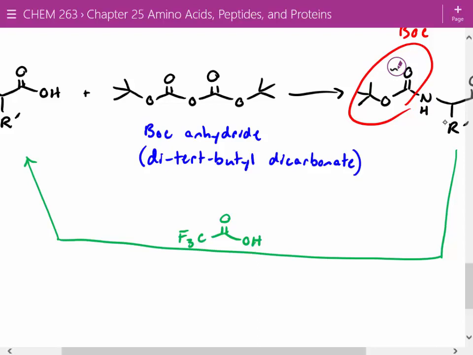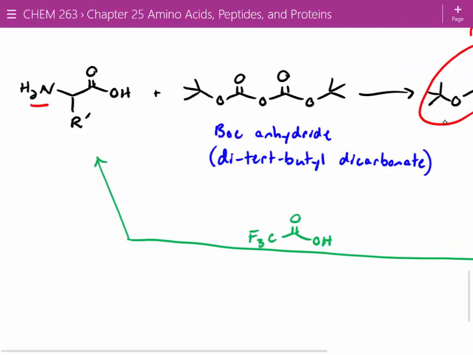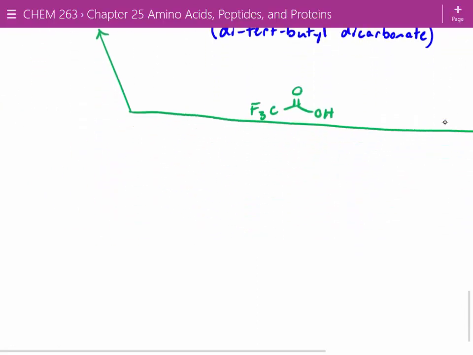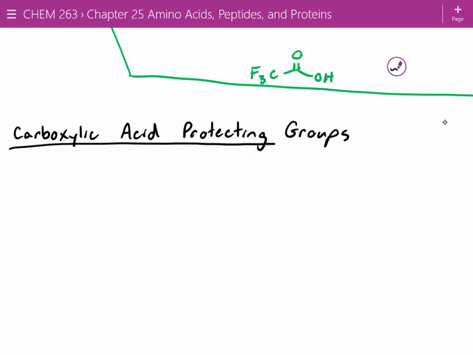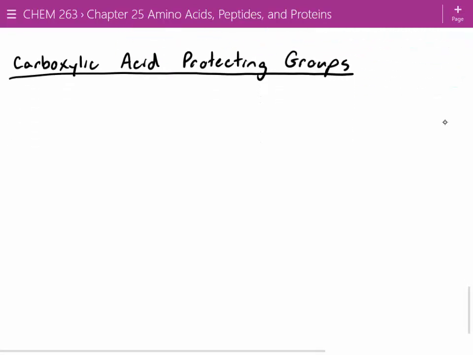All right, now let's look at our carboxylic acid protecting groups. All right, the way we protect carboxylic acids is very straightforward.